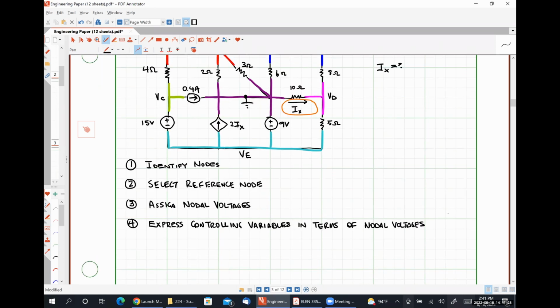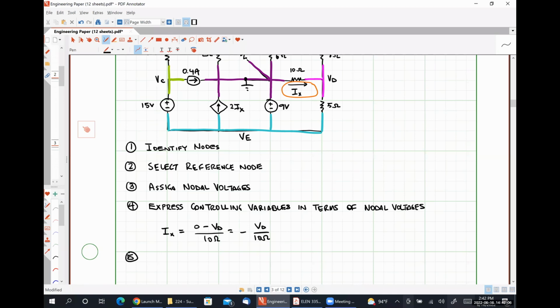And so I am going to say that IX is equal to the nodal voltage that our current starts from, which is our reference node. So we're going to have 0 minus the node that our current is flowing into. So that's 0 minus VD divided by our resistor value of 10 ohms. And so we can say that IX is simply negative VD over 10 ohms. All right. So that's our first equation.